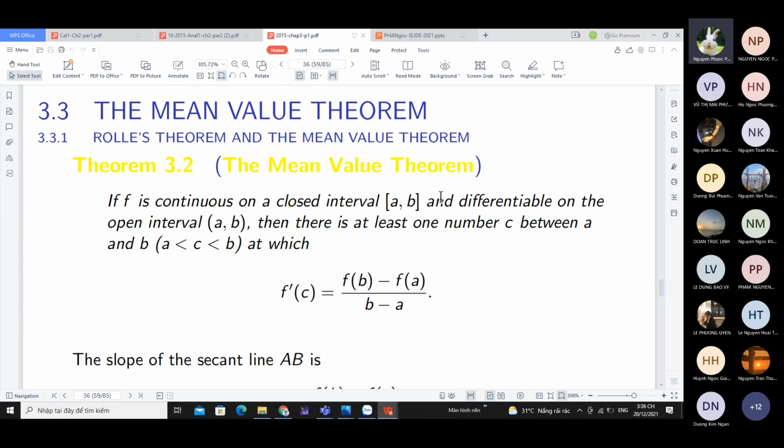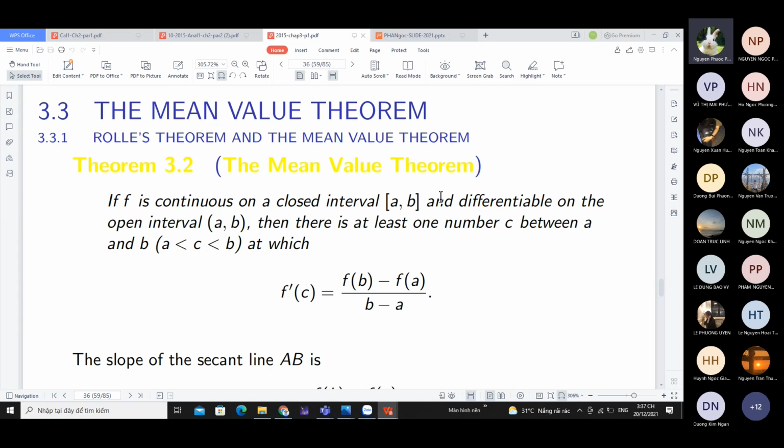You see here, we have almost the same assumptions as in the Rolle theorem. Here, f is continuous on the closed interval [a, b]. f is differentiable on the open interval (a, b). This time, we don't assume that f(a) equals f(b).